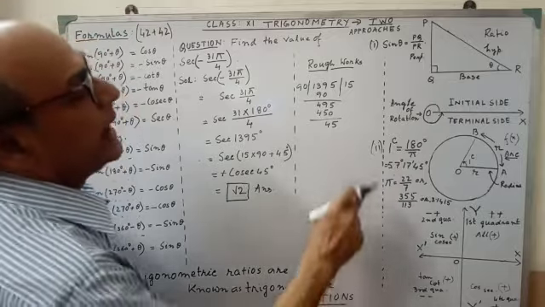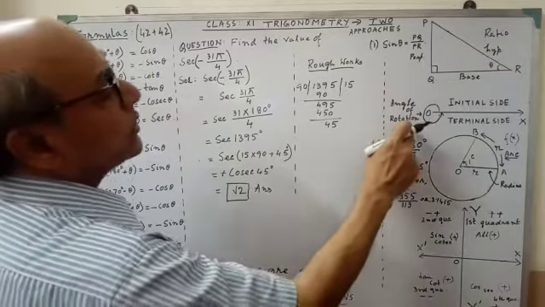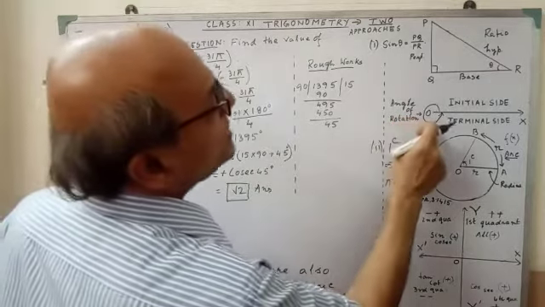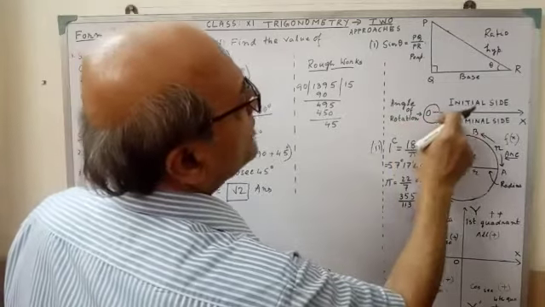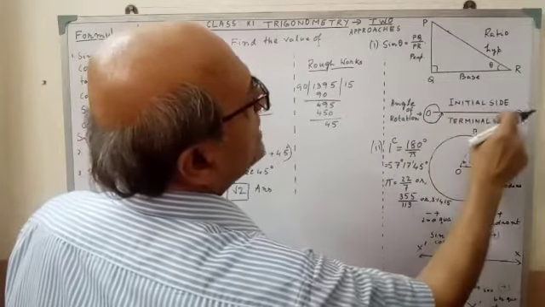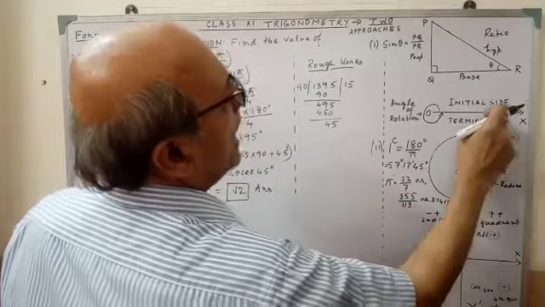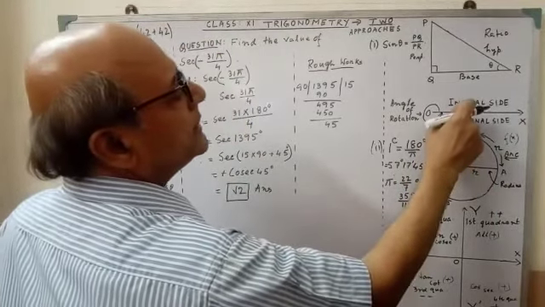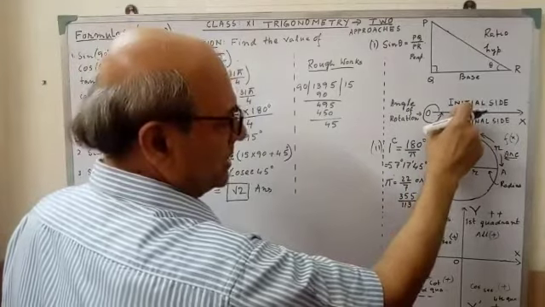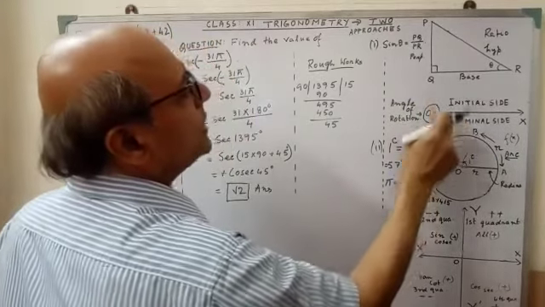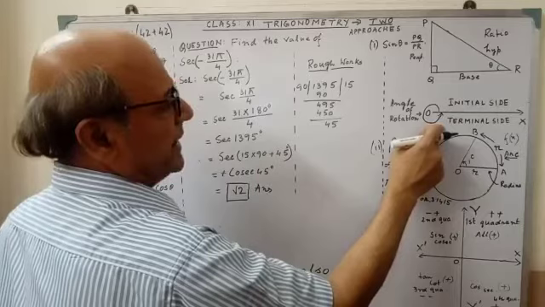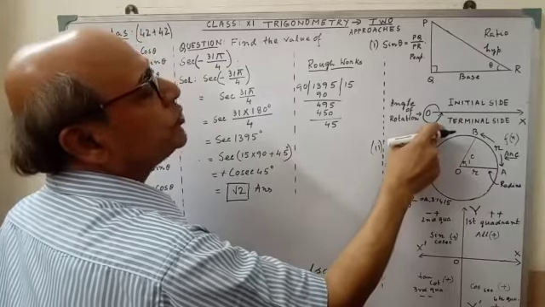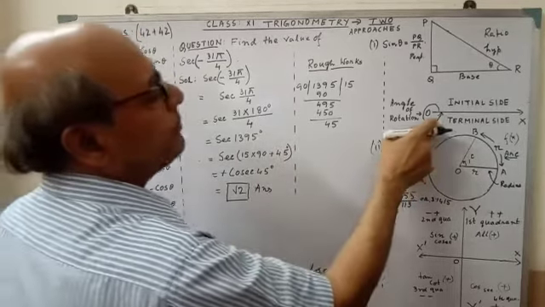And now we have to focus on this point. Suppose a line, this is the initial position. After a single rotation, when it comes to this position, the total angle will be 360 degree. In plane geometry, more than 360 degree is not possible.